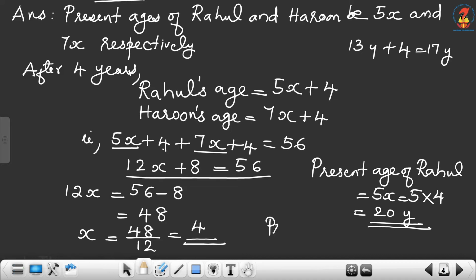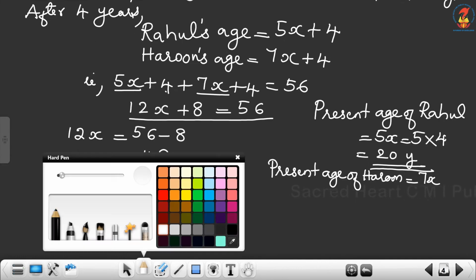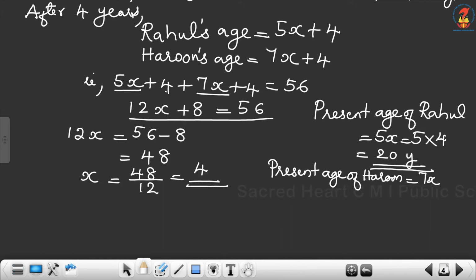Then the present age of Harun is equal to 7x, equal to 7 into 4, which is equal to 28 years. So their ages are 20 and 28 years respectively.